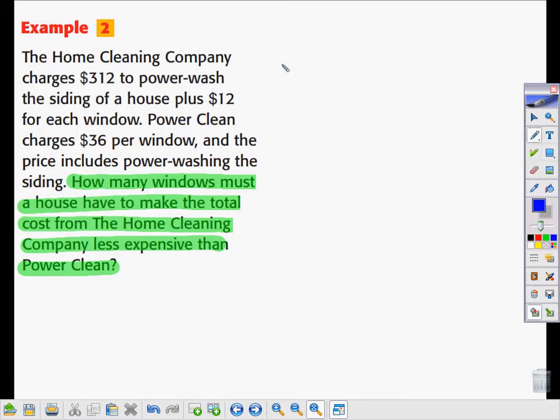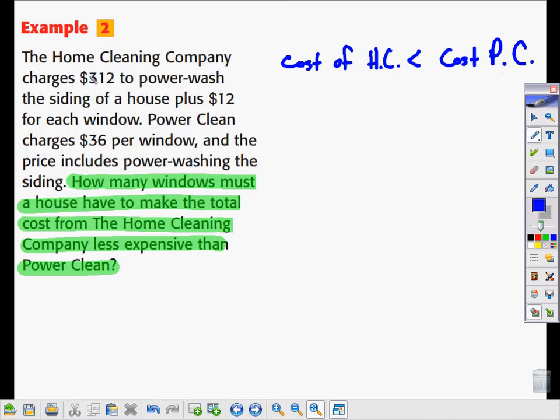So we're comparing the cost of the home cleaning company, and we want that to be less than the cost of Power Clean. All right, so I know the question I'm trying to answer now.